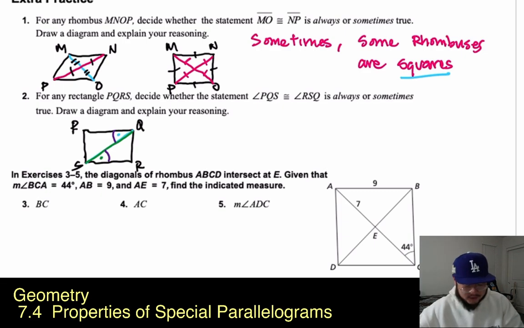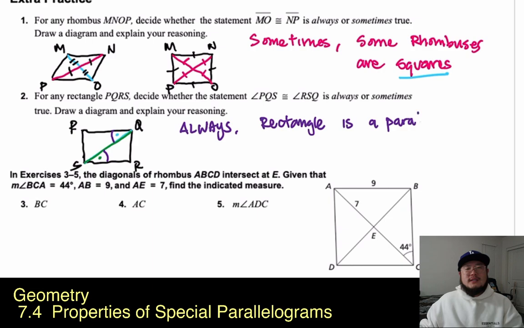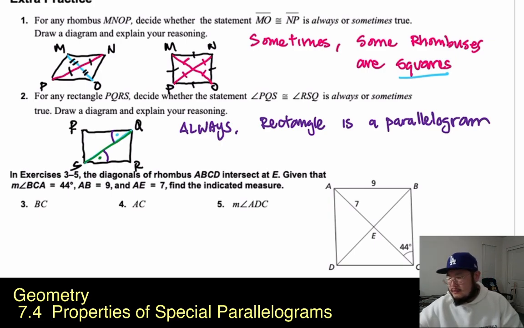How can we say it's always? Once again, I gave some of those characteristics of a parallelogram. So I can go ahead and say that a rectangle is a parallelogram, meaning that we're going to have all of those characteristics of a parallelogram right here. Opposite sides are parallel. I'll go ahead and put that.